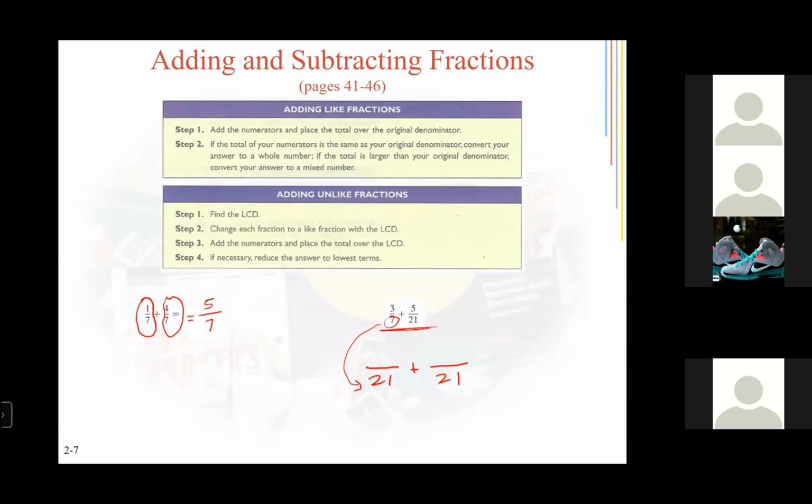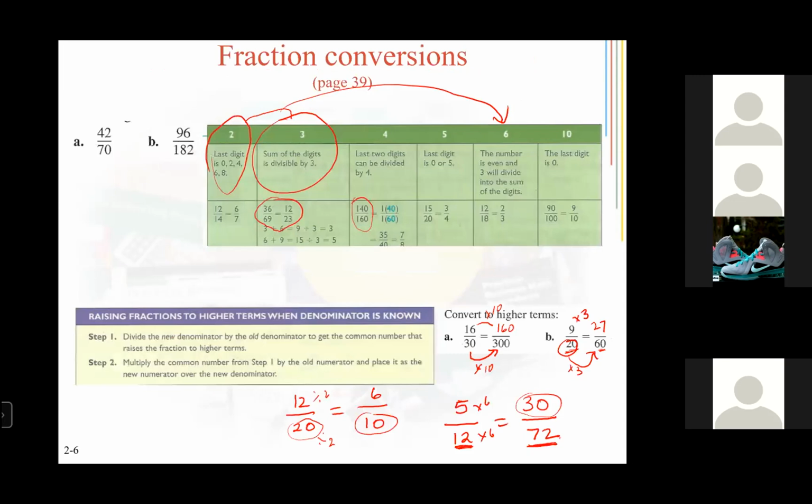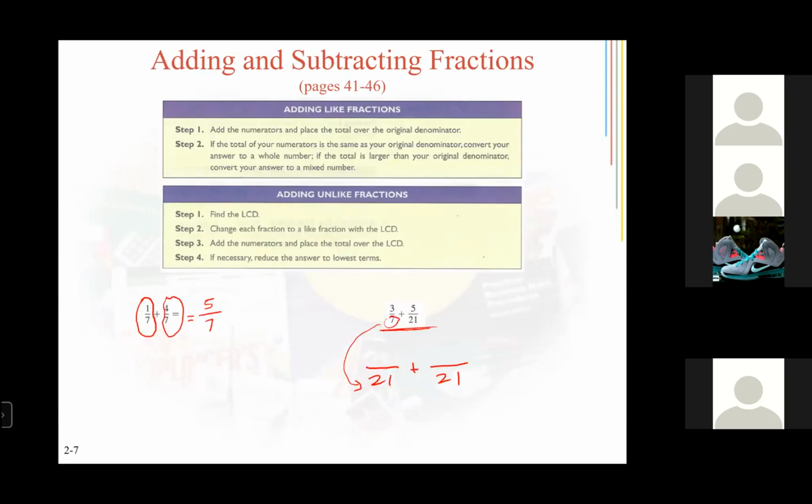Okay, how did you get that? You jump from 7 to 21. The same principle you were using right here, that's the same principle you're going to use. Your denominator was 7, but you raise it to 21. How can you raise 7? What's the pattern for raising from 7 to 21?